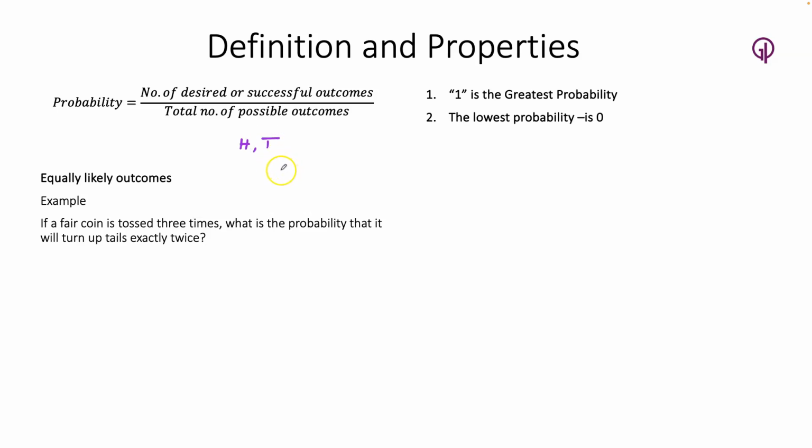So if you flipped your coin and want to find the probability of landing on heads, it's 1/2, because there are two total outcomes. It can be head, it can be tail, and so the probability of landing heads is half.